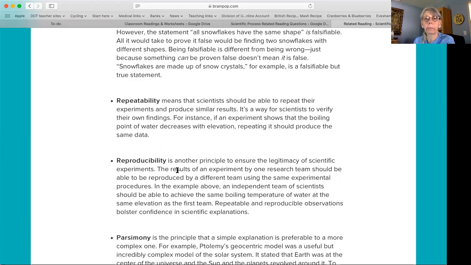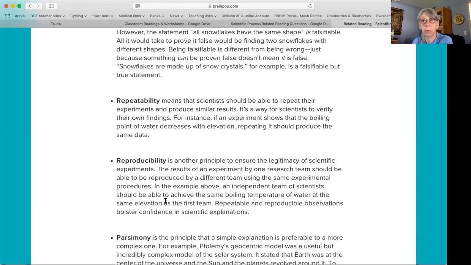Reproducibility: the results of an experiment by one research team should be able to be reproduced by a different team using the same experimental procedures. So if I do an experiment and get a certain result, you should be able to do the same experiment following the same steps, using the same materials and equipment that I do.